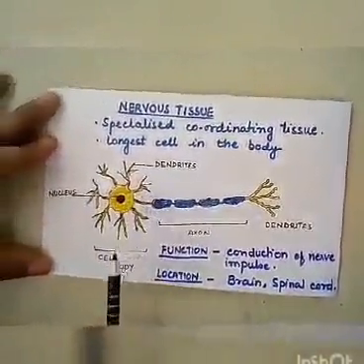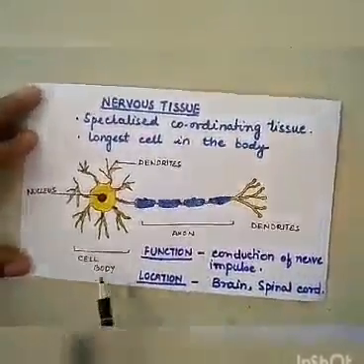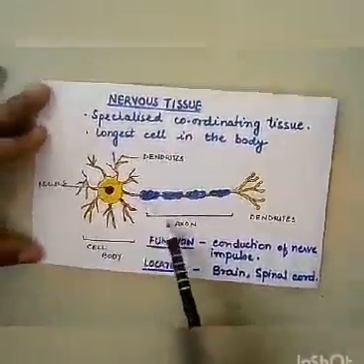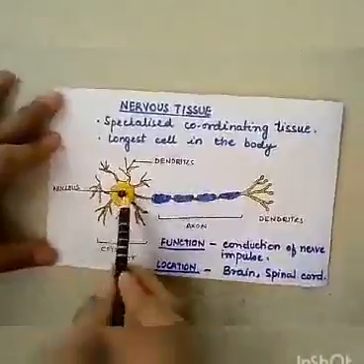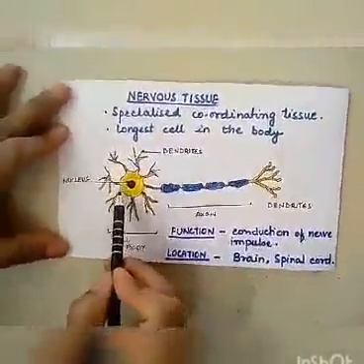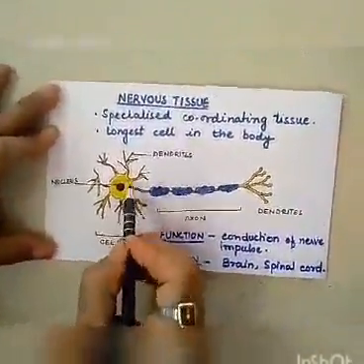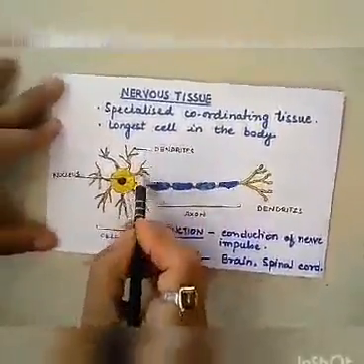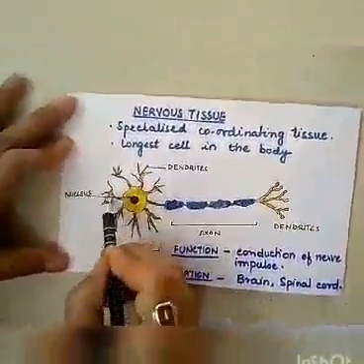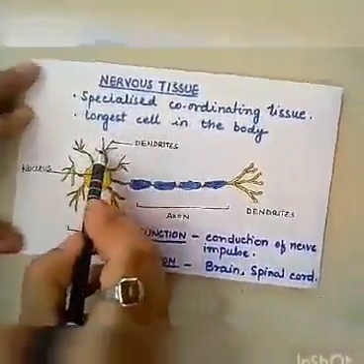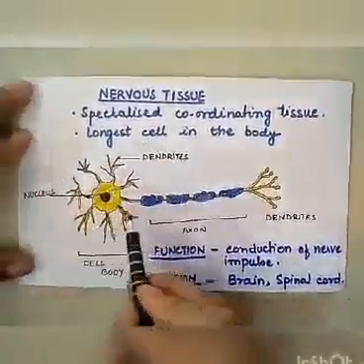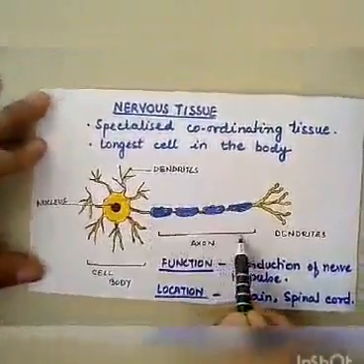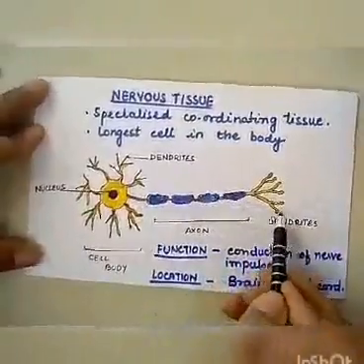It is made up of two parts, the cell body and a long axon. This cell body has the nucleus, and the cytoplasm of this cell body is known as neuroplasm. Radiating dendrites are there which receive the impulses from neighboring neurons, and there is that long axon. It ends in dendrites.